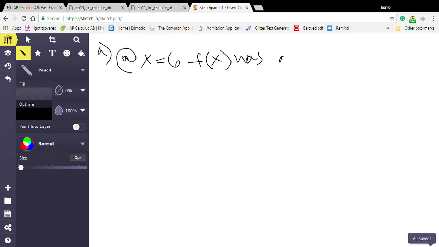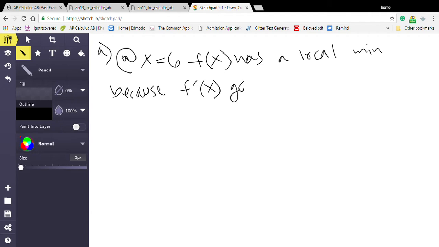has a local min because f prime of x goes from negative to positive.